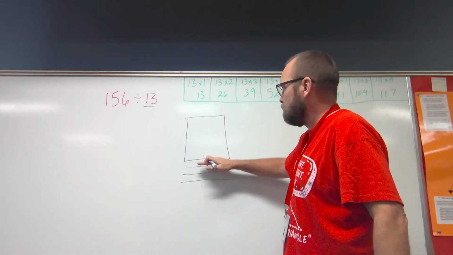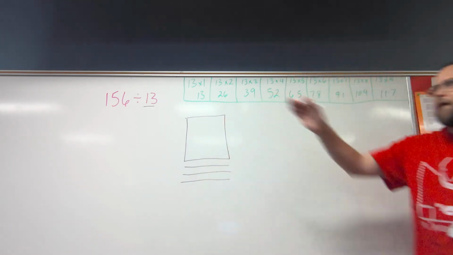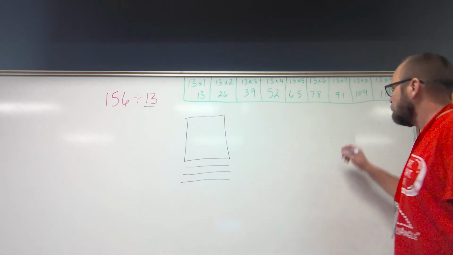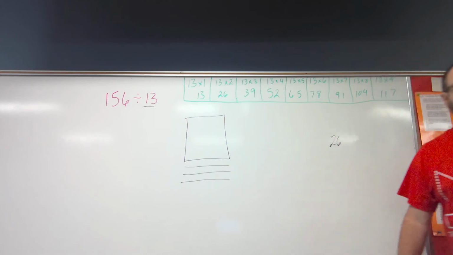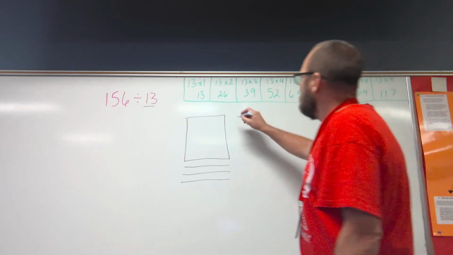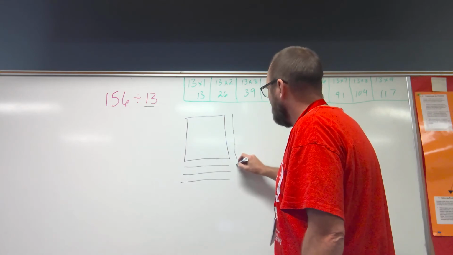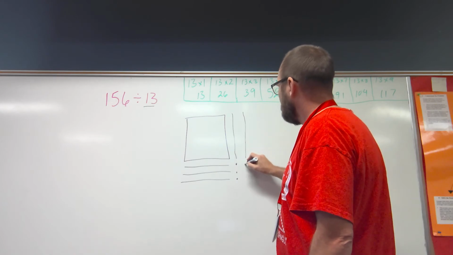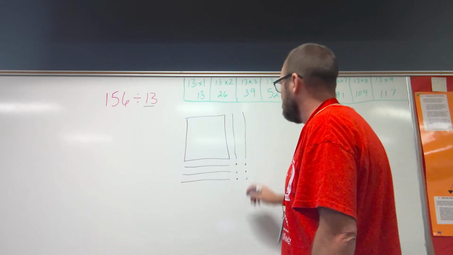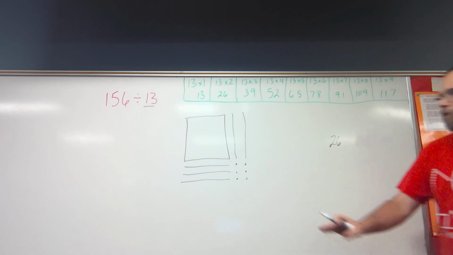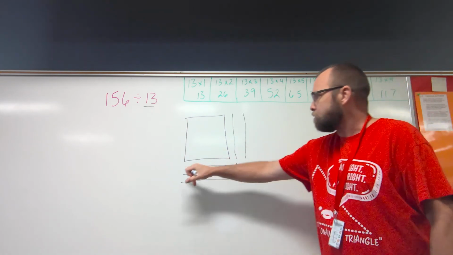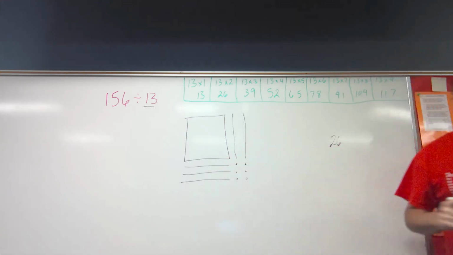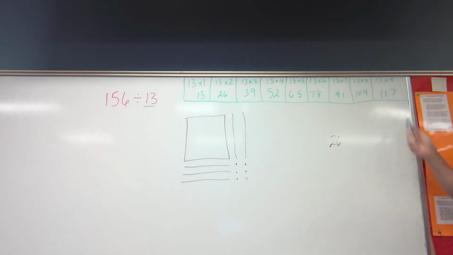Because this is 100 plus 10, 20, 30. I need to have 156. So now I need 26 more. If I go 10, 11, 12, 13, 23, 24, 25, 26. Okay, now I figure out how many are in each of these rows. We'll have 10, 11, 12. So there are 12 in each of these 13 rows.